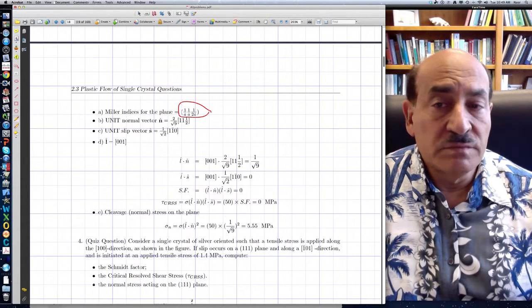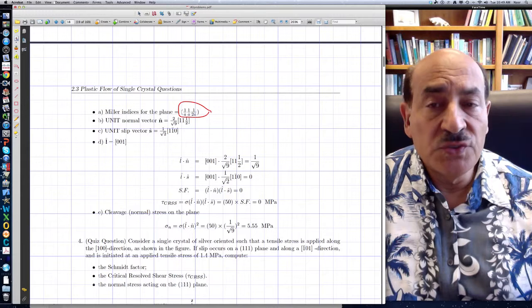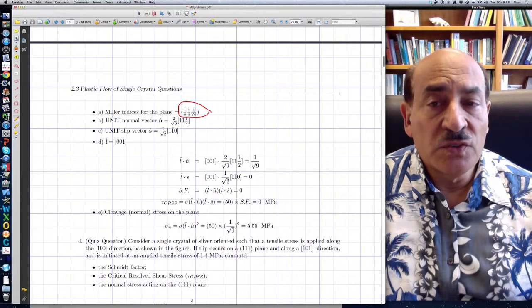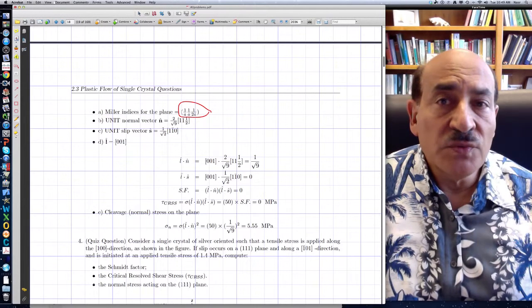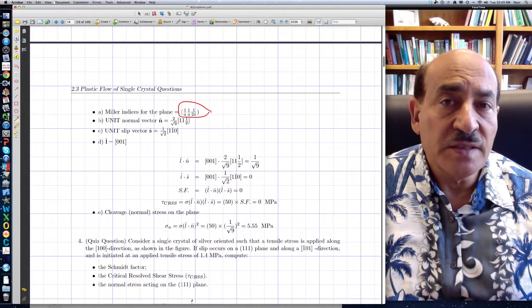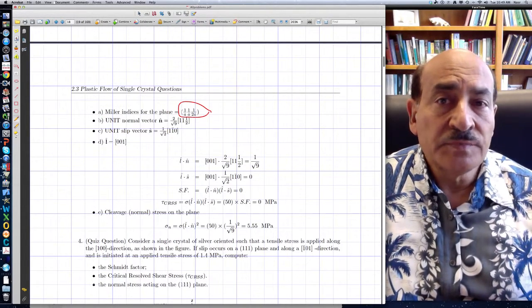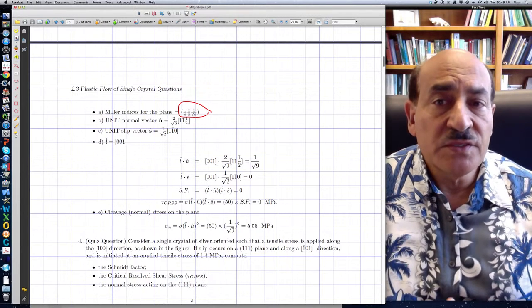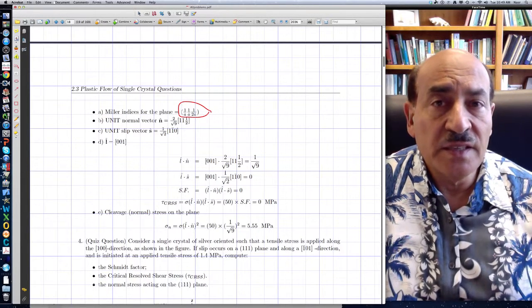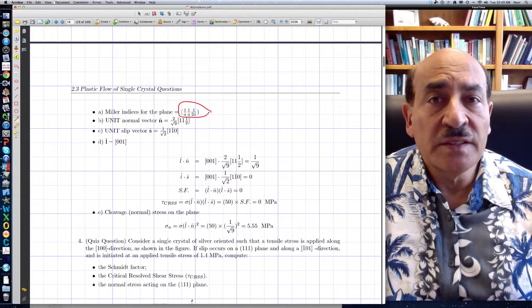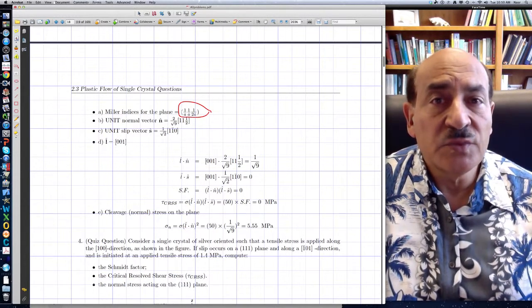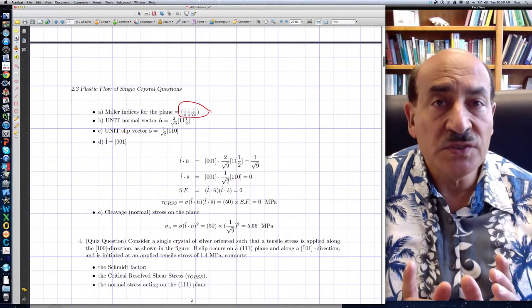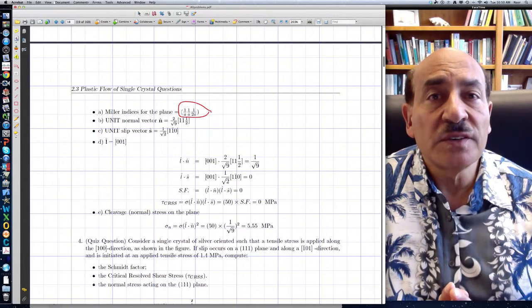I should basically multiply by 2 everywhere, so it'd be 1 over the square root of 9 times 2, 2, 1. So whenever you have a problem that has a plane, you can follow the same procedure to find the Miller indices of the plane and to find the normal as I outlined here, and it's important to have the unit normal, so the magnitude of that vector is 1.